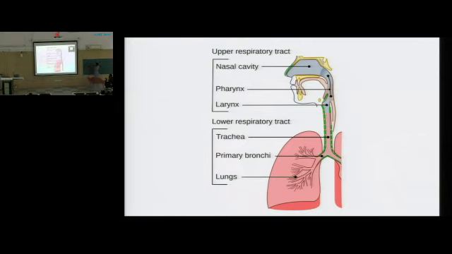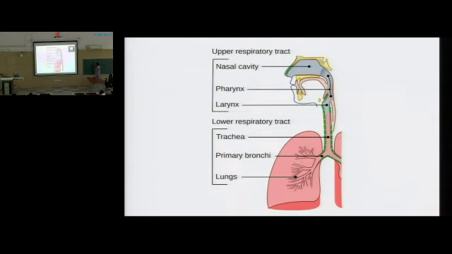In the initial lecture, we saw the upper respiratory tract goes till the level of the trachea, starting from oropharynx, nasopharynx, then hypopharynx, followed by the larynx, and from larynx onward, there is the lower respiratory tract.